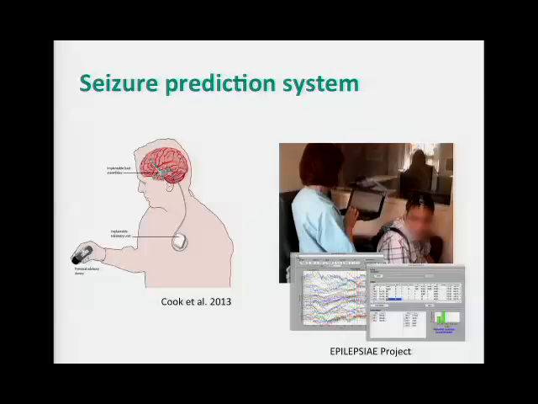It was a non-invasive system, and it also acquired the data, extracted the features, and then classified or tried to predict the seizures. So those two systems, let's say, have been the most important efforts on the implementation of a seizure prediction system.